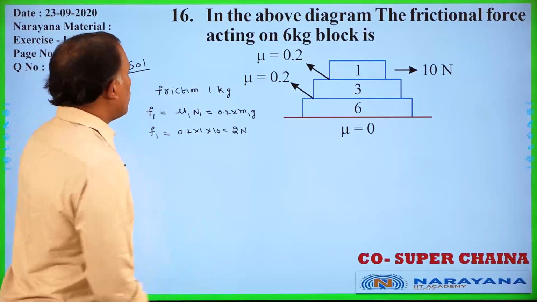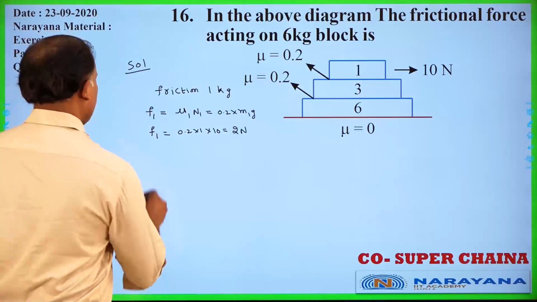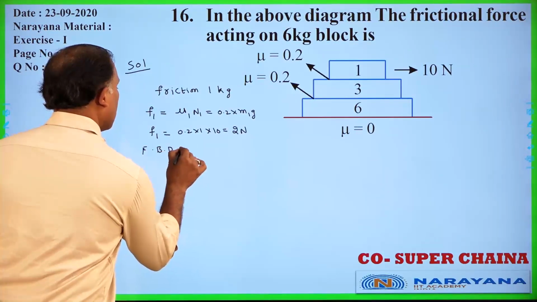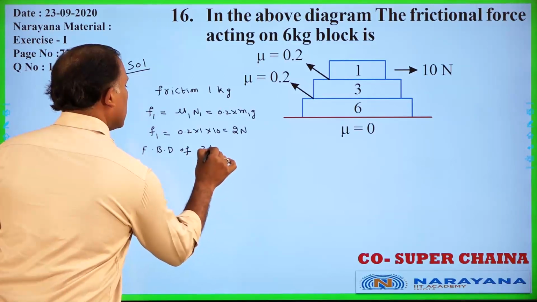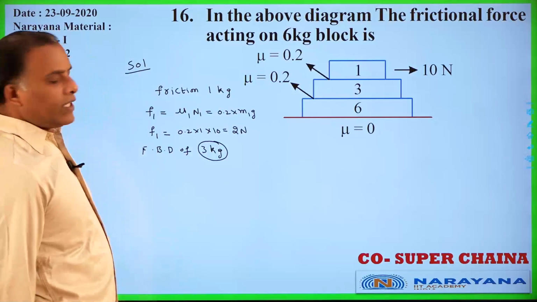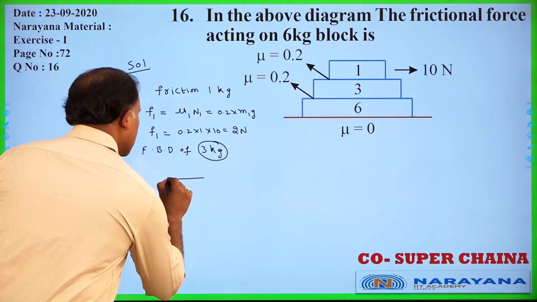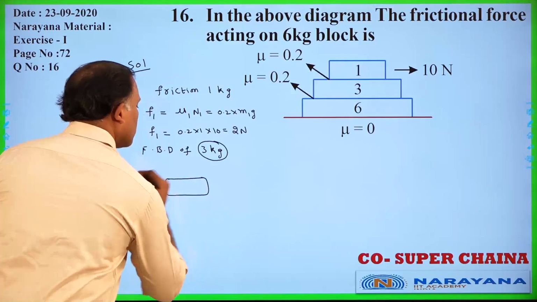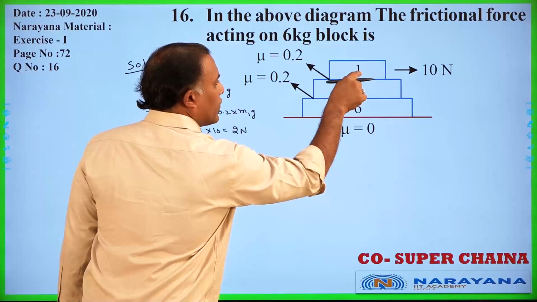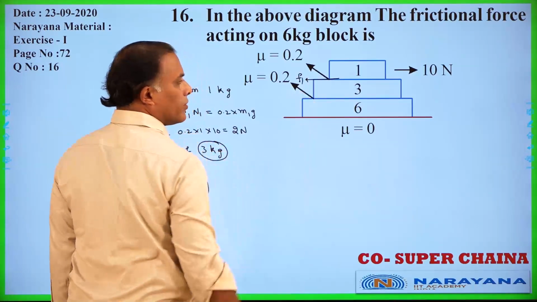Now I want the free body diagram of the 3 kg block. FBD of 3 kg. Now you can see here, the 3 kg. On the first block, as 10 Newton is acting this side, friction on this one will be this side, F1.